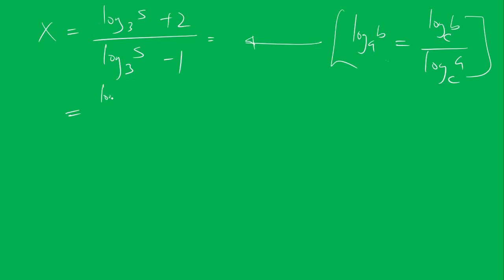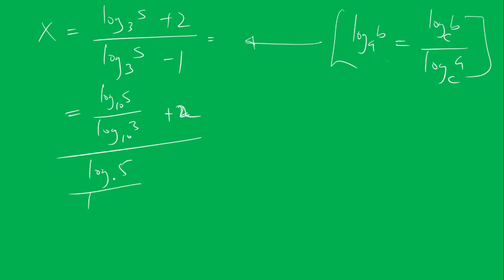We have log 5 base 10 divided by log 3 base 10 plus 2, divided by log 5 base 10 divided by log 3 base 10 minus 1.